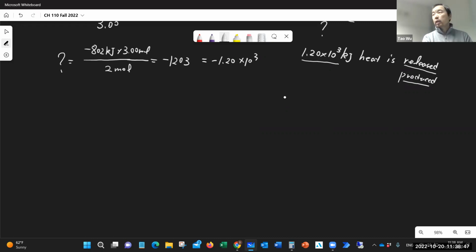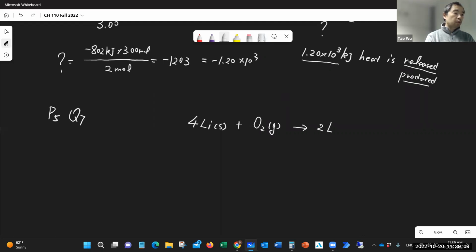Well, this one is even more complicated. Let's see. So this one, 4 moles of lithium react with oxygen gas, and then it will form 2 moles of lithium oxide.